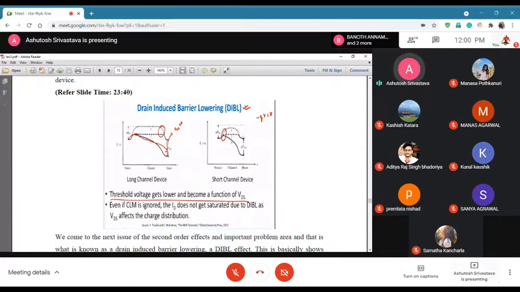As you keep on reducing the channel length, this barrier is getting modulated and there is an induced lowering, barrier lowering from the drain side. So here you see, one, 2, 3.